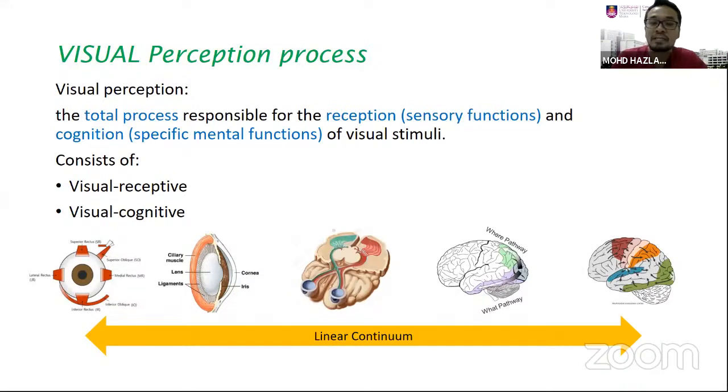So it is not really talking about everything in the brain. It's also talking about the receptors, the muscles, the eyeball, the lens, and everything. And then we go further to sense all this wavelength of light with our cones and rods receptors, and then send it in the form of electrical stimulation to the occipital lobe to be processed in Brodmann 17, Brodmann 18, Brodmann 19, the areas of the brain that control visual perception processing.